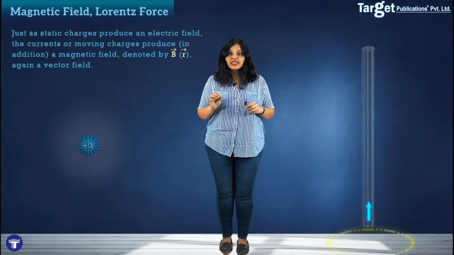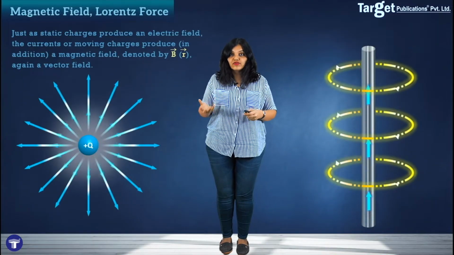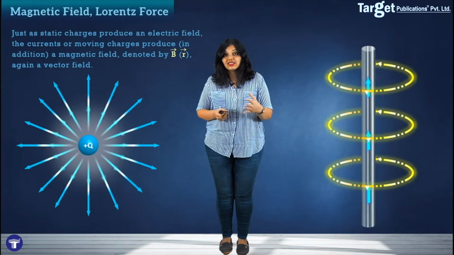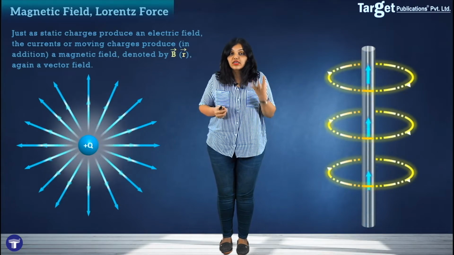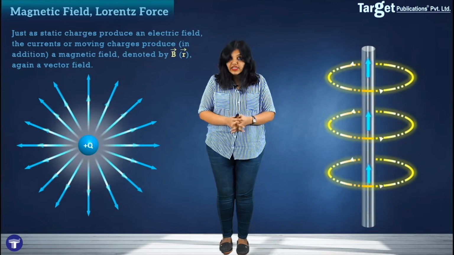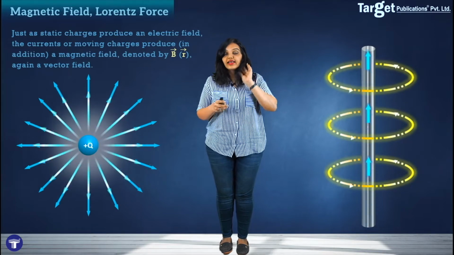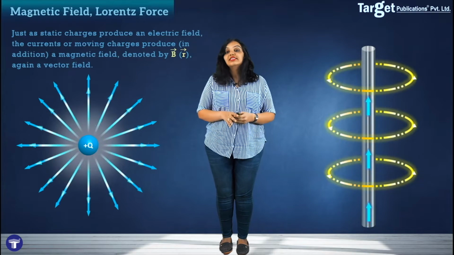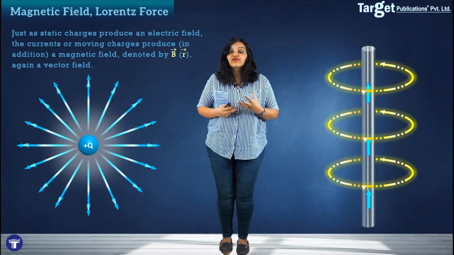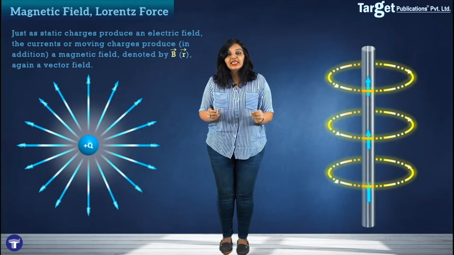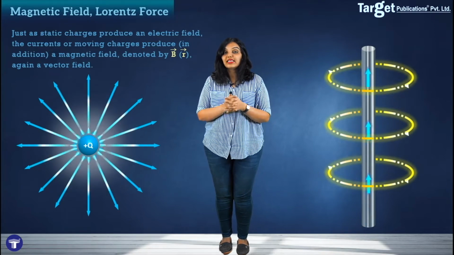Now, charges at rest or static charges produce electric fields, which we have seen earlier. And just now we learned from Oersted's experiment that moving charges, or you can say electric currents, produce a magnetic field. Now, we had defined an electric field of a charge by saying that it is the space around a charge in which the effect of the electric field is felt. We'll define something similar in case of the magnetic field.